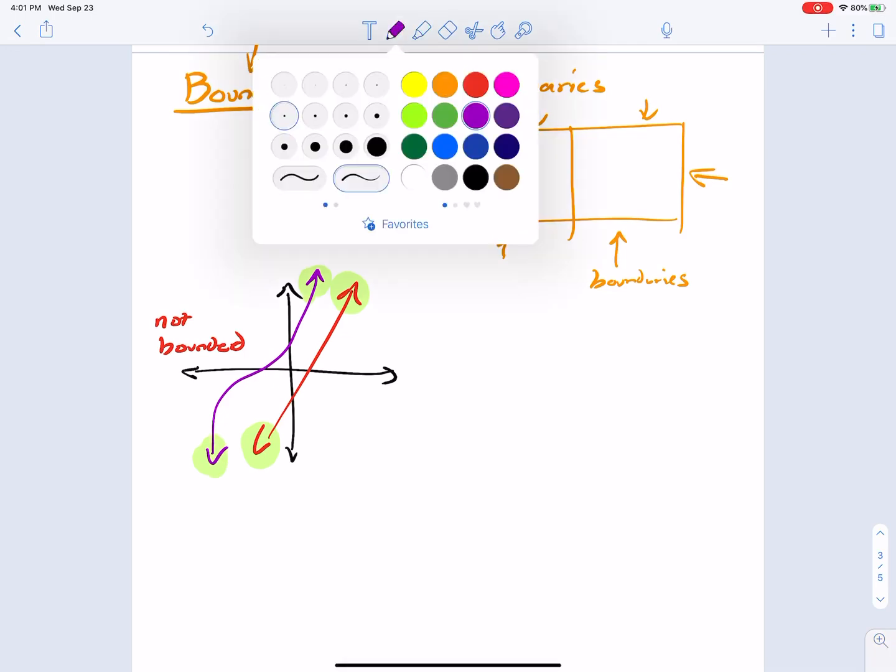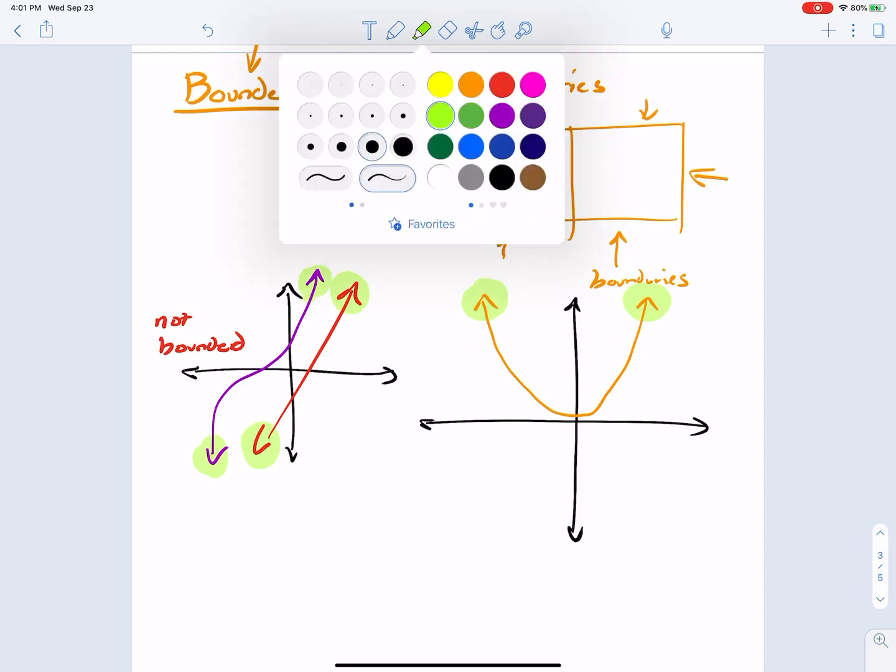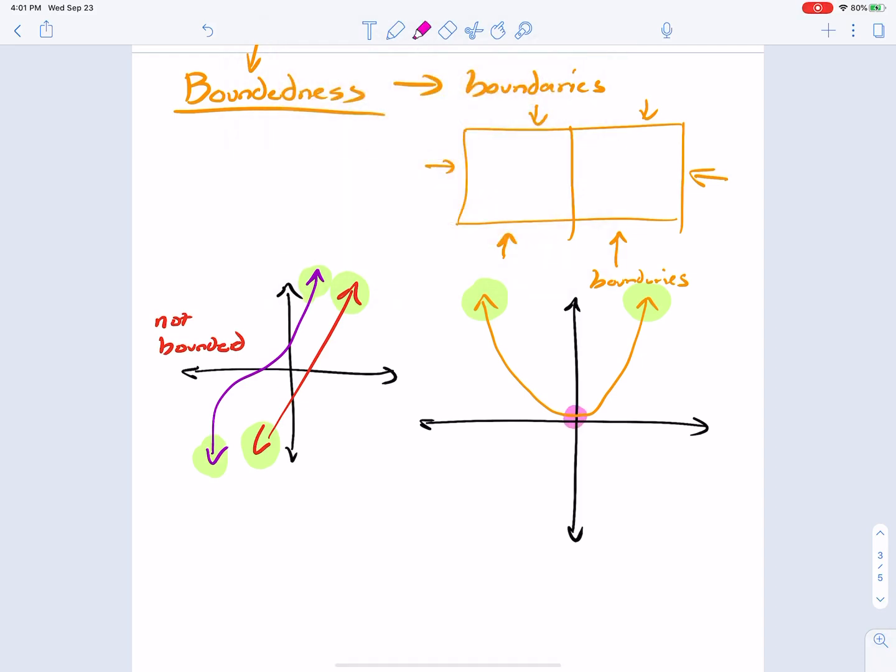Here's your second example. Now, think about your parabola. Okay. This parabola here, notice how the graph goes all the way up. Okay. So there are no boundaries above, but there's actually a low point to how far down it can go.